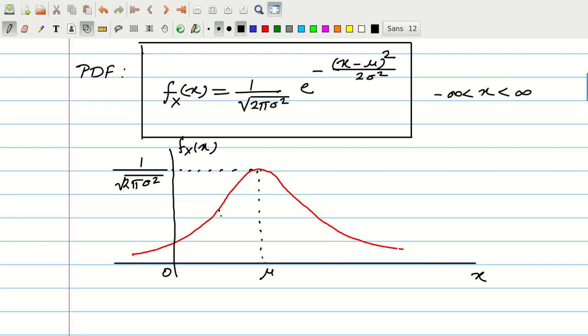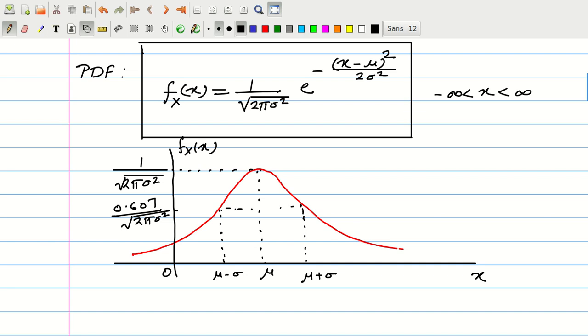At a distance sigma from mu on either side, mu minus sigma and at mu plus sigma the value of the PDF is 0.607 upon root 2 pi sigma squared.